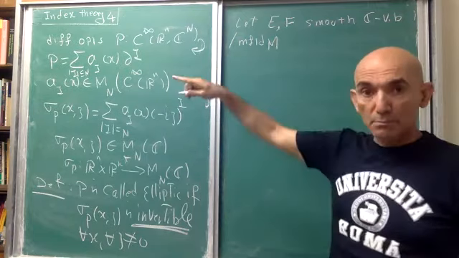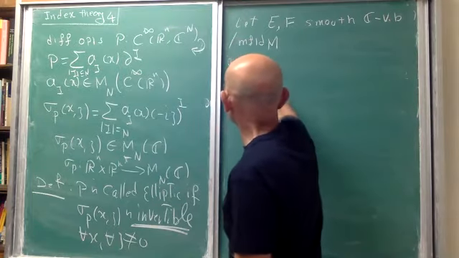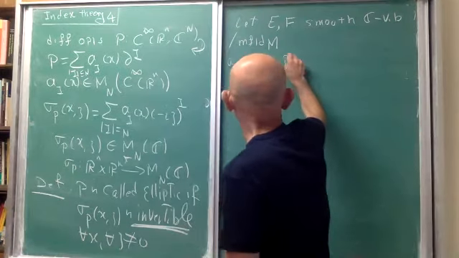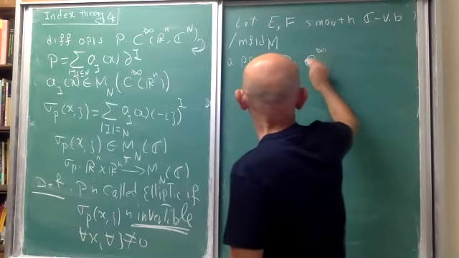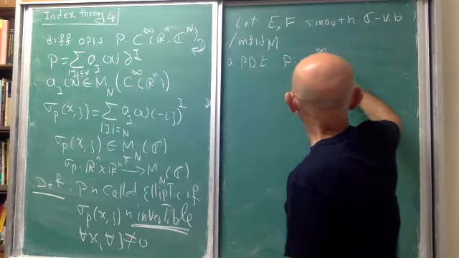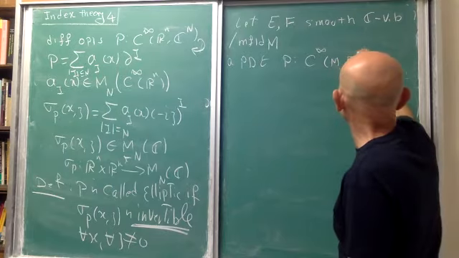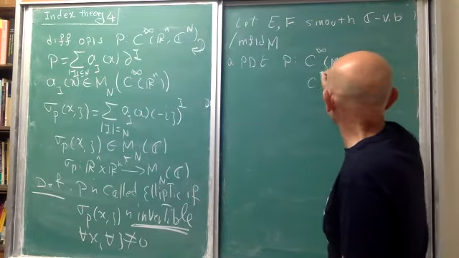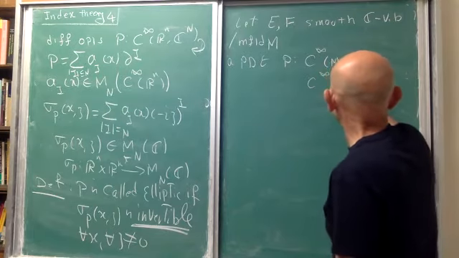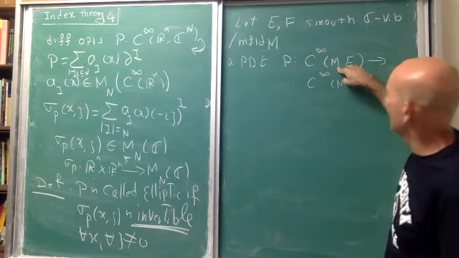Then a differential operator, a partial differential operator, a PDE, P from C infinity of M, E to C infinity of M, F. So this is the space of smooth sections of this bundle.